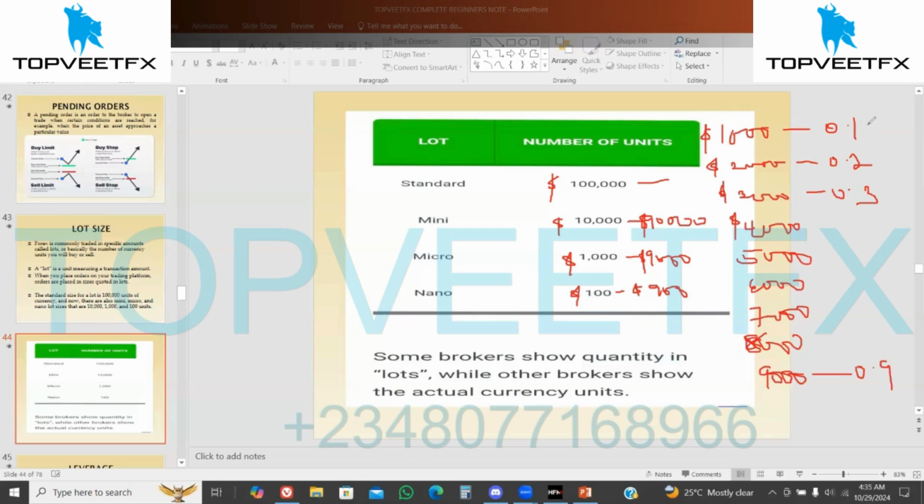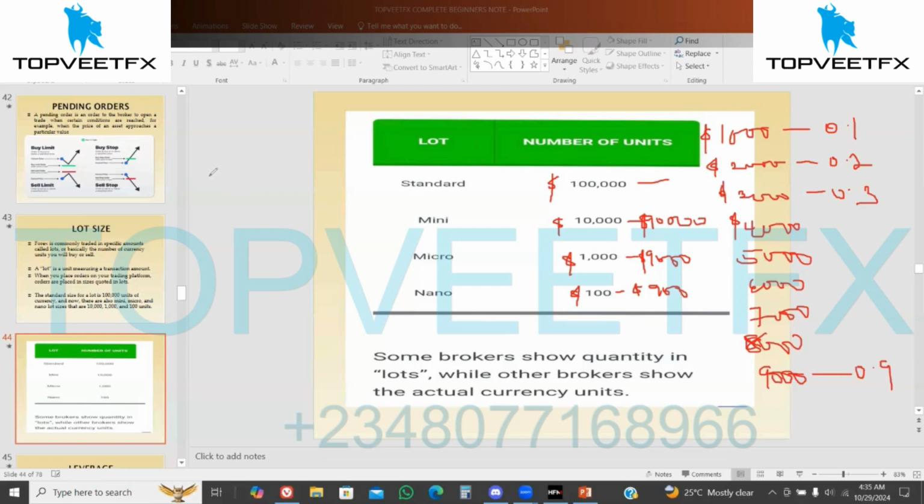So 0.1, you have $1,000 and you have a trade. Let's say you have 5 trades and you want to trade those 5 trades. On your $1,000, you are not supposed to use more than a 0.1.